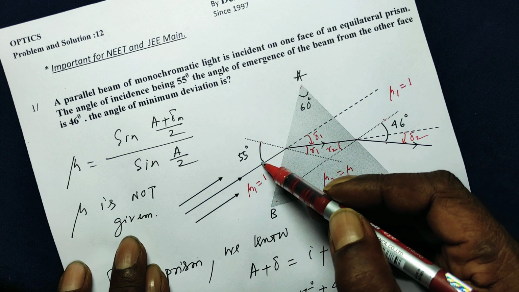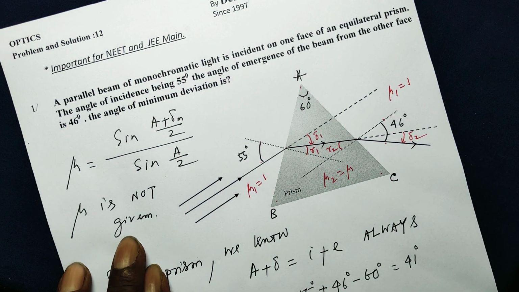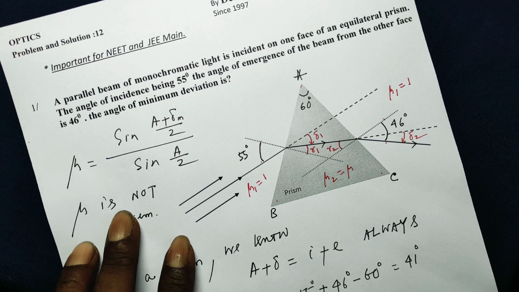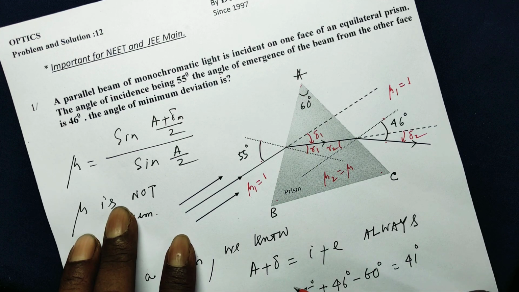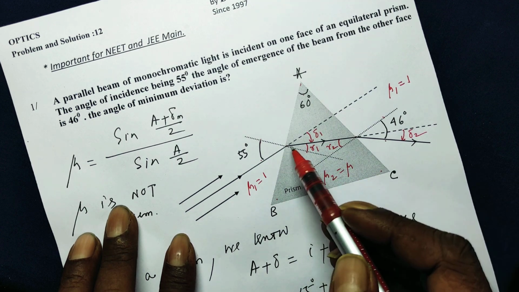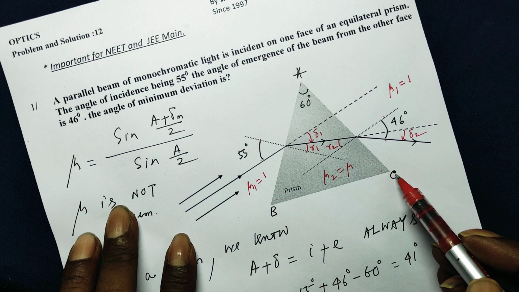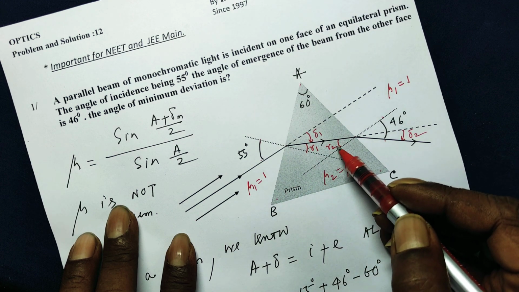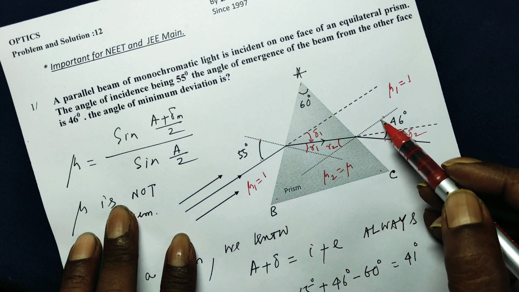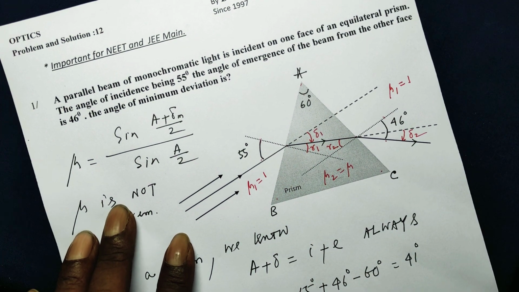And what I should remind you, this diagram is not for minimum deviation. During minimum deviation, this ray will be parallel to the base BC, and R1, R2 will be equal, and this I will be equal to the angle of emergence also. That is during minimum deviation.